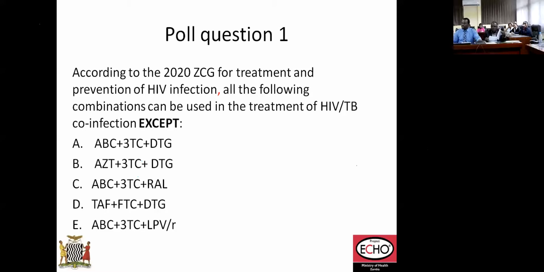Sorry, I note that we're having a challenge in loading the poll, so just bear with us. We are trying to load the poll question so that you can give it a try. Imakando, are you hosting as well? If you can do it from your end. Okay, so there you have it. Let's give it a go.